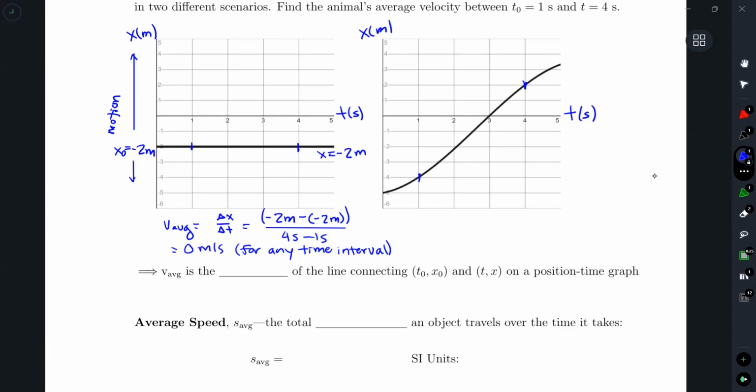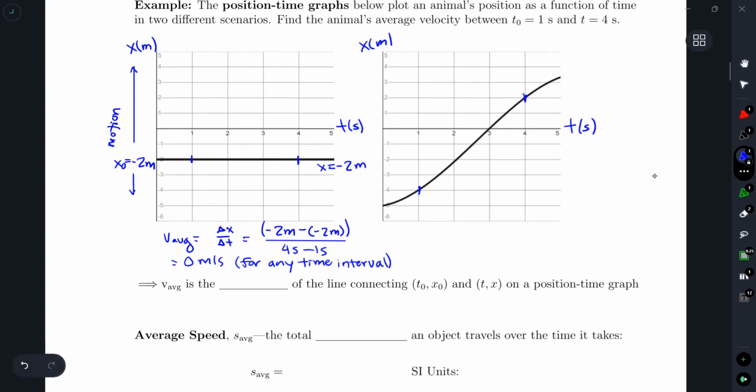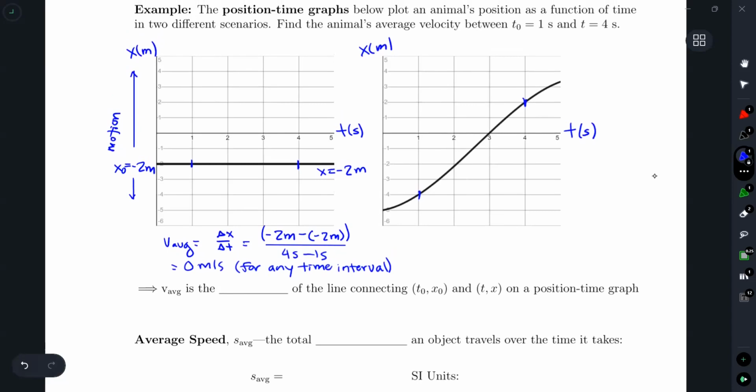Okay, now we get to a little bit more of an interesting one. What is the initial position of this animal in the second graph? -5. So at the very beginning, yes, like when we started the clock, but like at 1 second, that'll be -4.